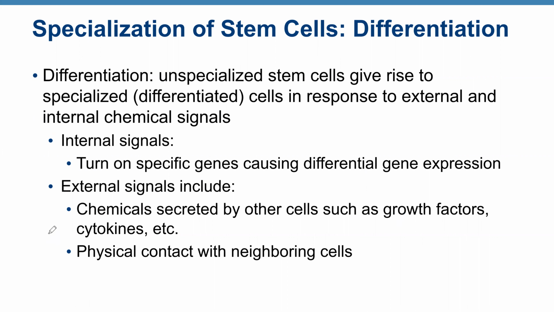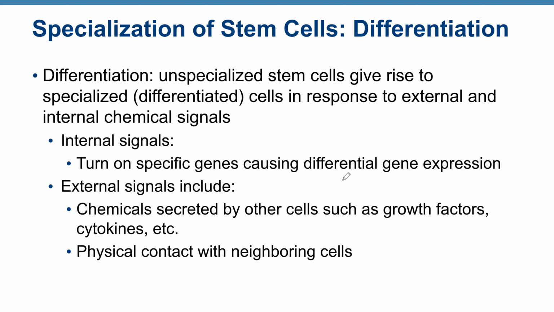Right, so we already mentioned that a function and characteristic of stem cells is differentiation. Now, how do cells differentiate? How do cells know that they need to be a bone cell or a nerve cell or a muscle cell? Well, they will respond to signals, either internal or external or both. For internal signals, for example, if we send the signal to turn off a gene for production of collagen, then the cell will not become a fibroblast.